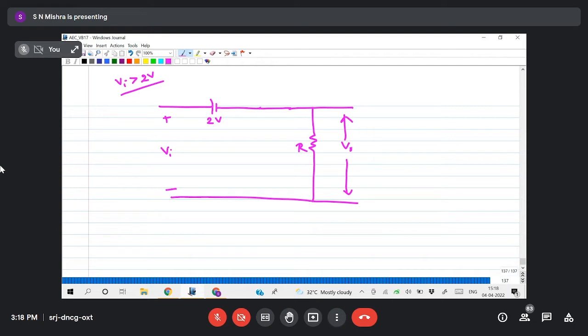Then you apply KVL here, plus minus. Vi minus 2 minus V0 equals 0, V0 equals Vi minus 2. So V0 max equals 10 minus 2, that is 8 volt.